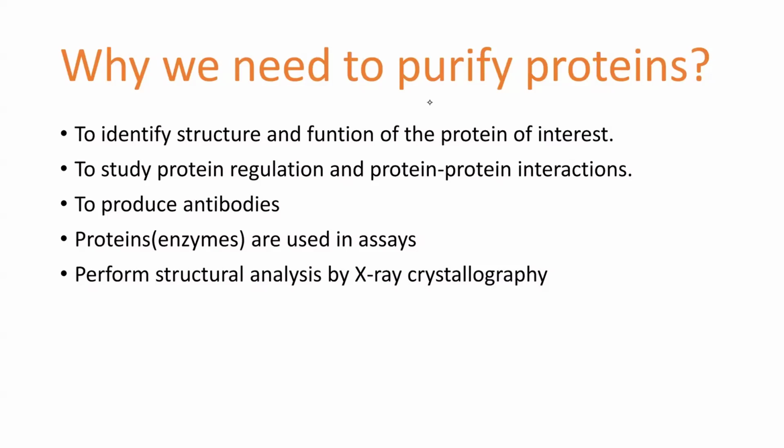Remember from our previous classes, we talked about metabolism, which is divided into catabolism and anabolism, and there are different pathways. An example of a pathway is glycolysis. So you can be able to understand the protein regulator, that is, which protein is responsible for regulating a particular pathway. If you are able to isolate a particular protein, you can know whether it is the control point of that pathway.